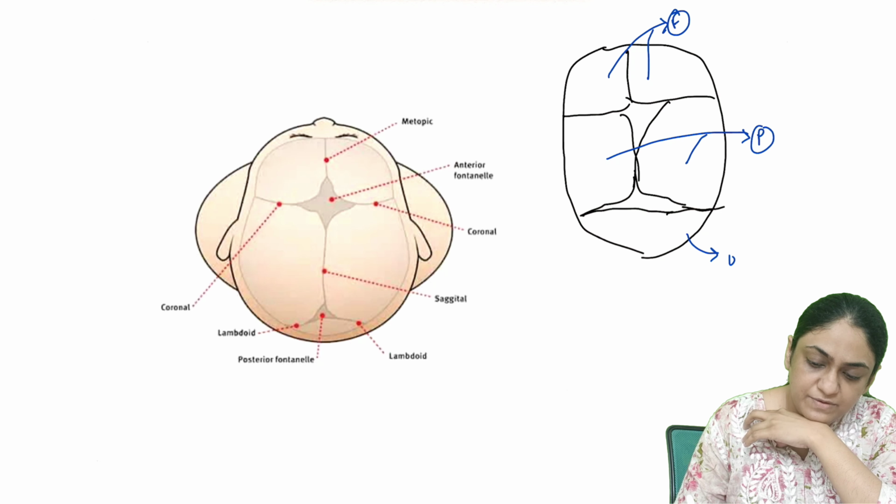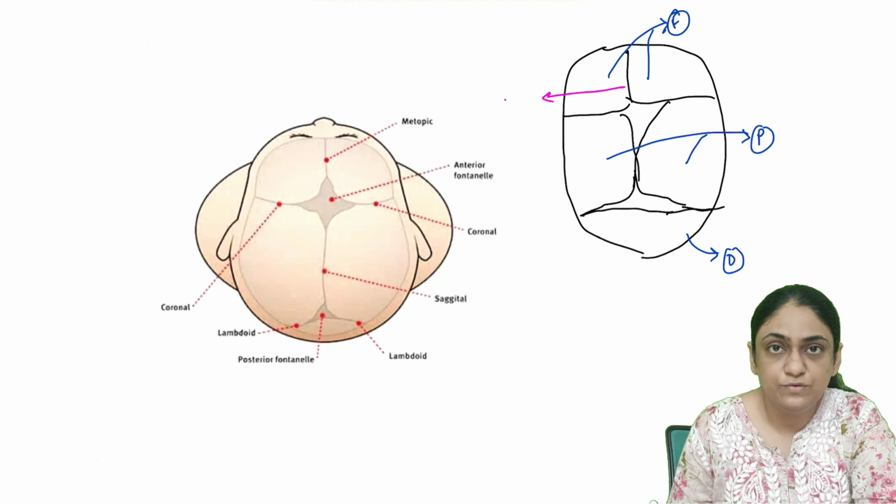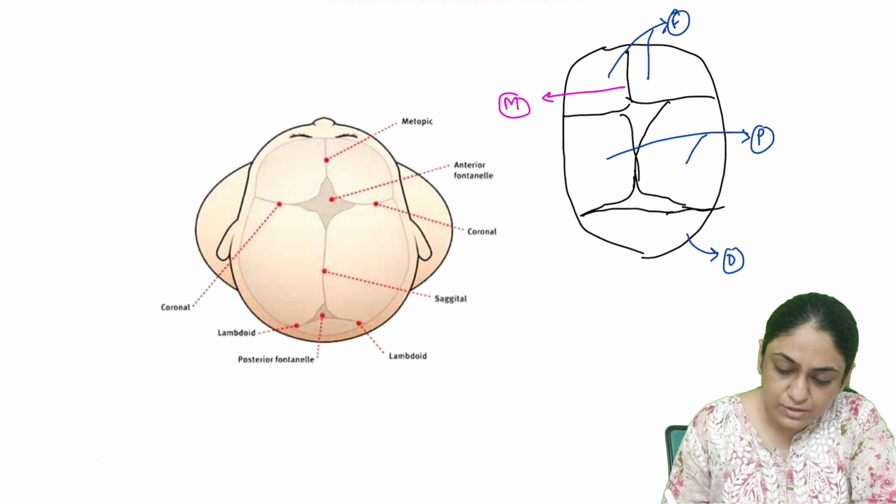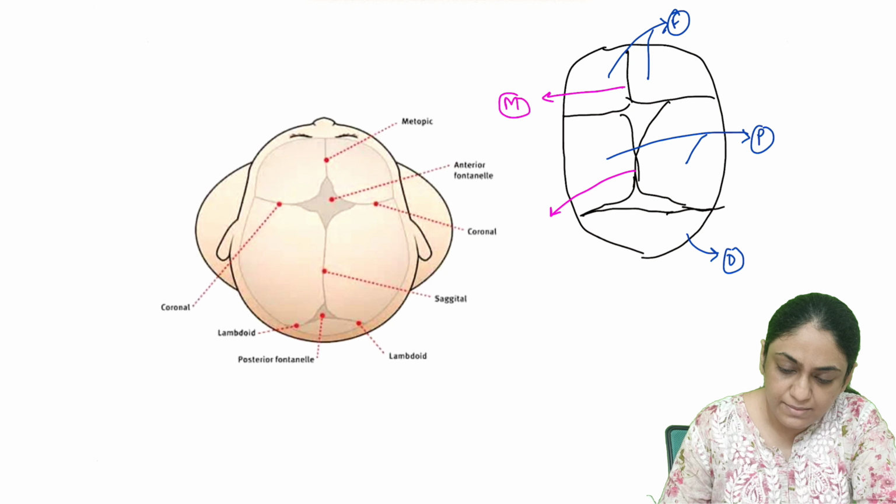Between the 2 frontal bones, we have the metopic suture. Between the 2 parietals, we have the sagittal suture. Between frontal and parietal, we have the coronal suture.